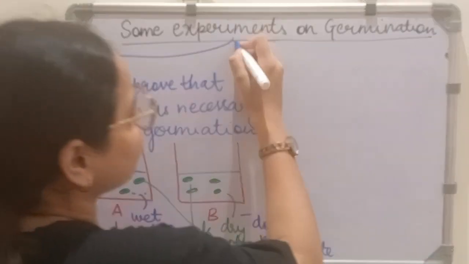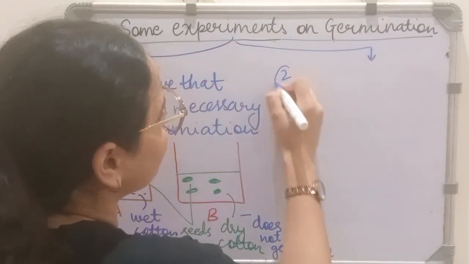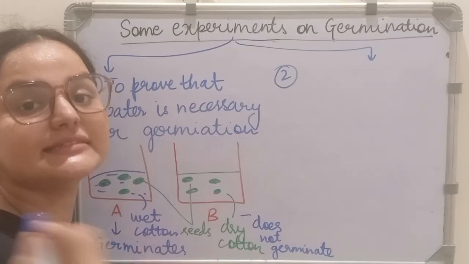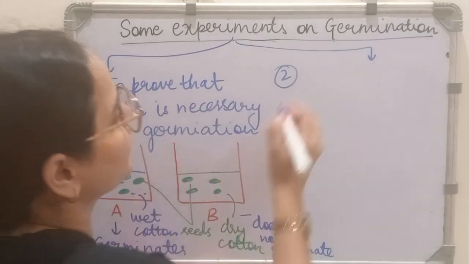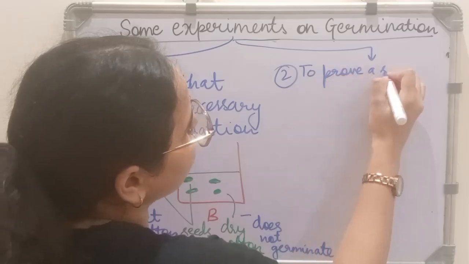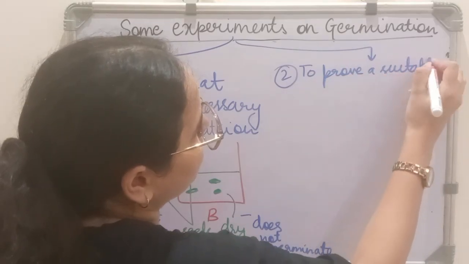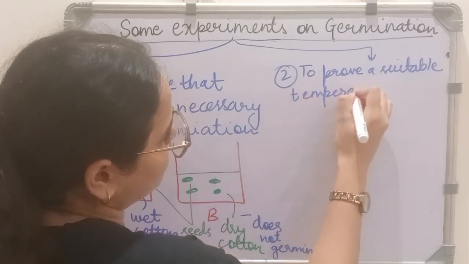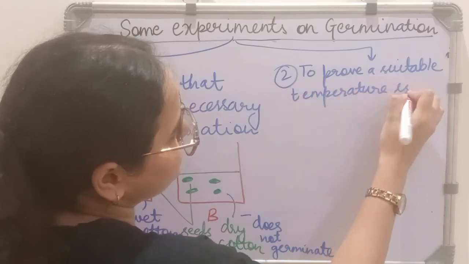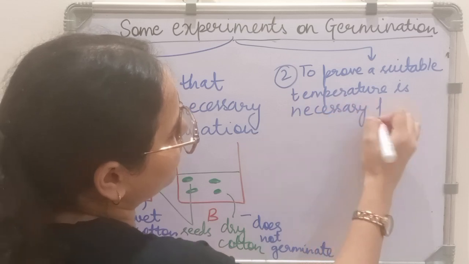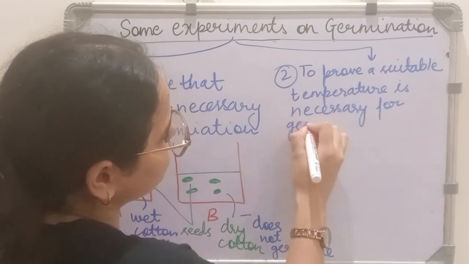Now let's see the second experiment. Second experiment is to prove that a suitable temperature is necessary for germination.